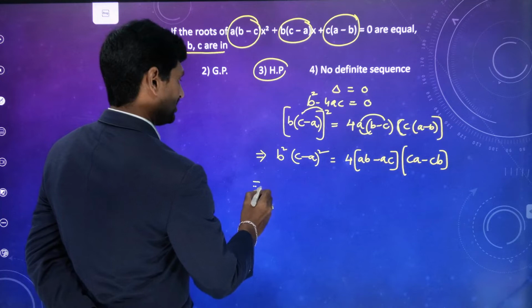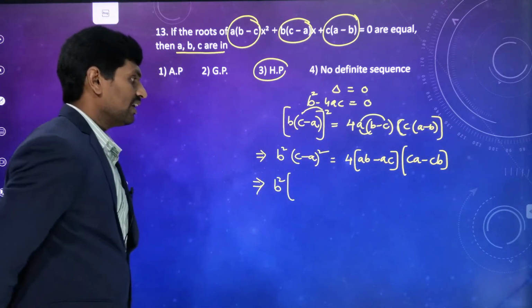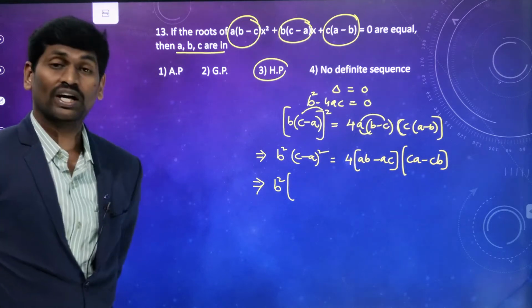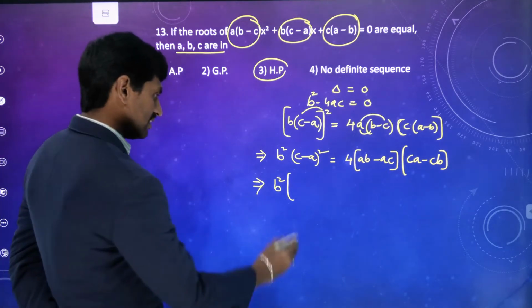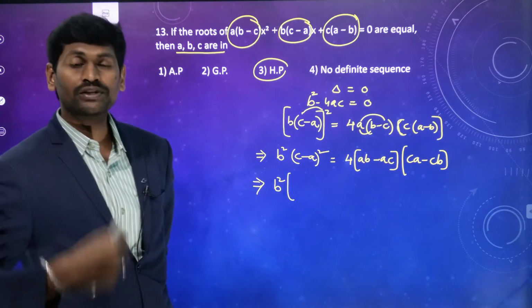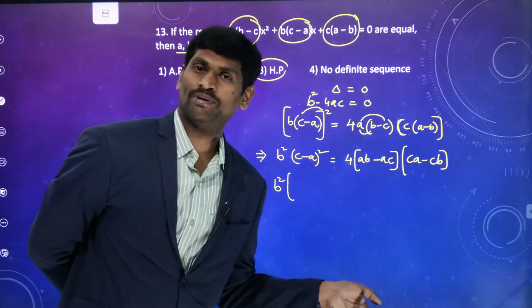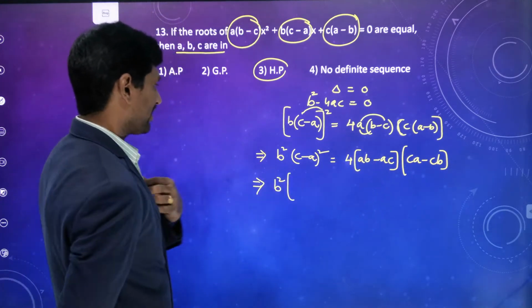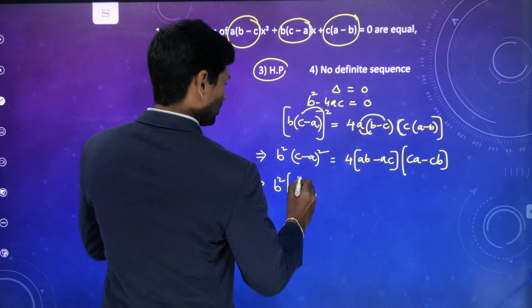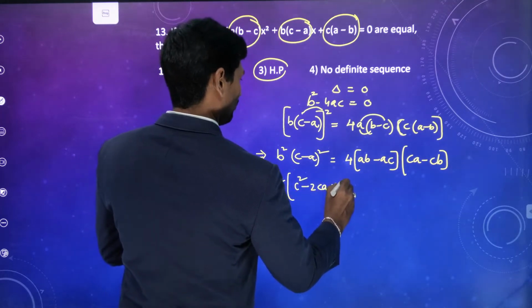Now expand this. C minus A whole square, like the A minus B whole square formula. What is that A minus B whole square formula? A square minus 2AB plus B square. Same way, C square minus 2CA plus A square.